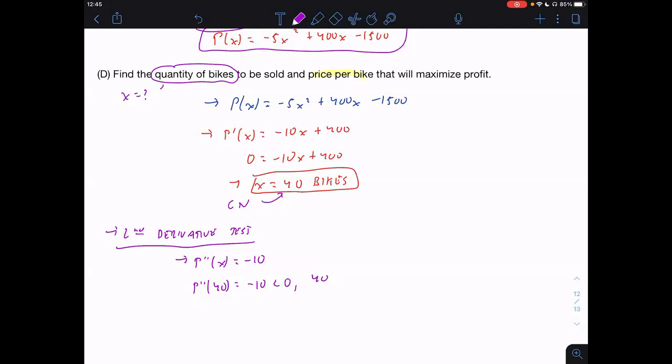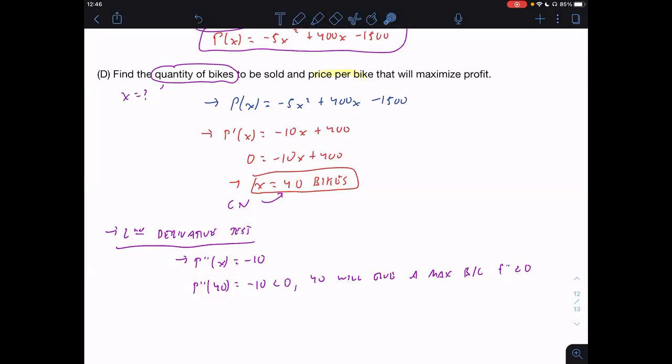So this critical number of 40 will give a maximum because the second derivative at this point is less than 0.